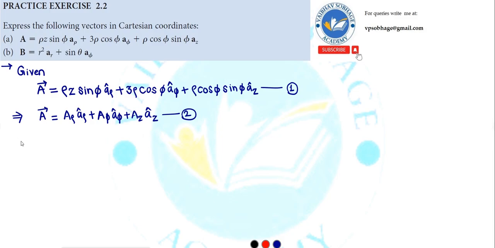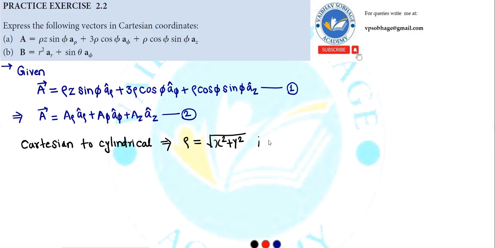To convert from the Cartesian system into cylindrical form, we use rho equals square root of x square plus y square, which gives the value of rho.